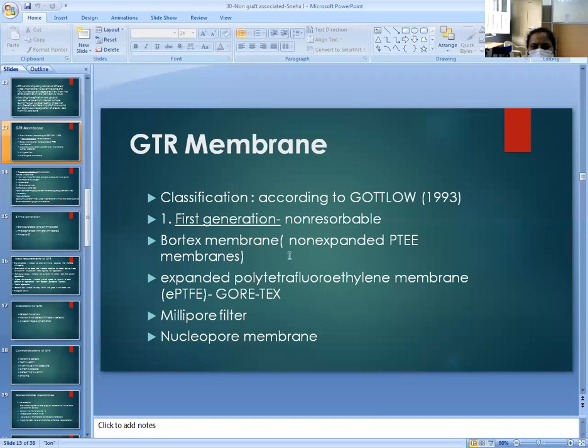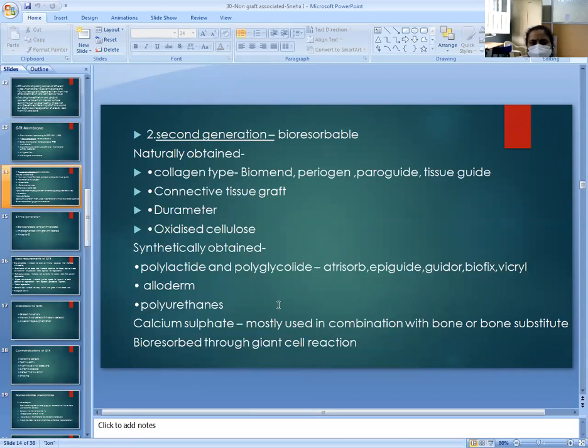Gore-Tex membrane is very commonly seen, that is expanded polytetrafluoroethylene membrane. Millipore filter or Nucleopore filter membranes are also there. They are reinforced with titanium mesh. Titanium is a metal, so these membranes are stiff. The only disadvantage is that a second surgical procedure is required to remove this membrane.